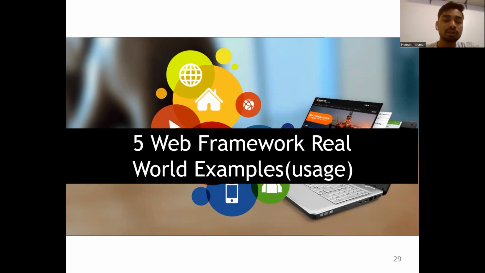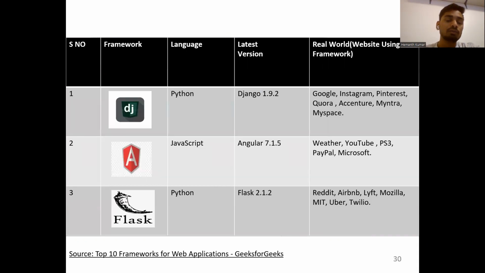And moving ahead to the next slide, we have the framework Django, and it was written in Python, and the latest version of Django is Django 1.9.2. And some of the real world examples are Google, Instagram, Pinterest, Quora, Accenture, Myntra, and MySpace.